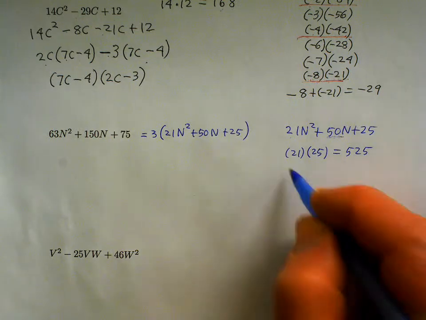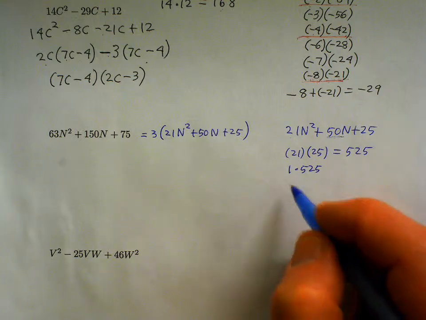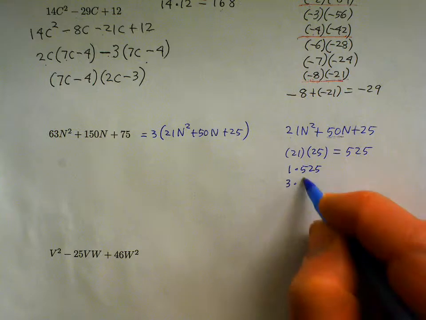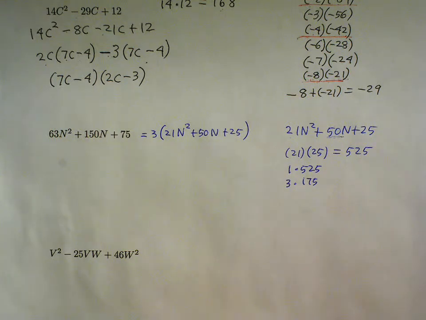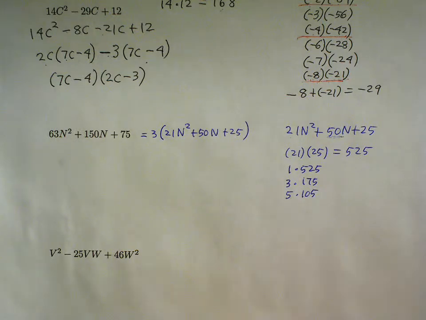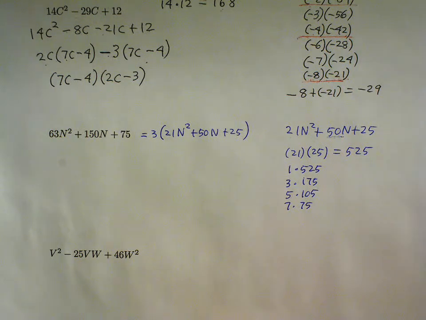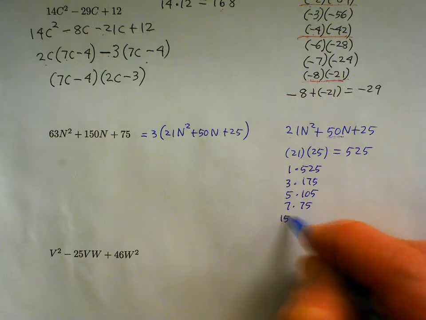So in our systematic approach, we have 1 times 525. 2 is not a factor, but 3 is. 3 times 175. 4 is not a factor. 5 times 105. 6 is not a factor, but 7 is a factor. 7 times 75. 8, 9, 10, 11, 12, 13, and 14 are not factors. 15 is a factor. 15 times 35.